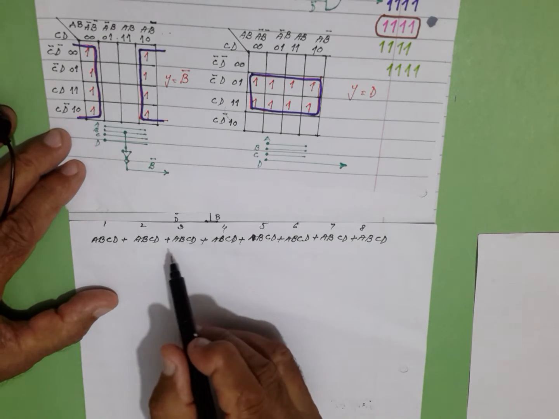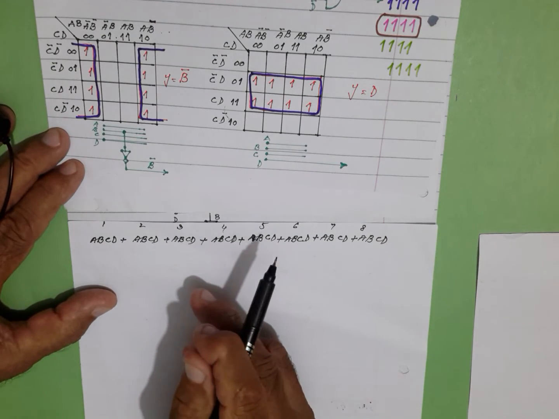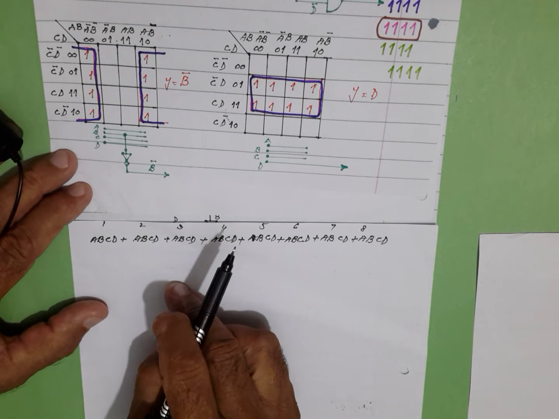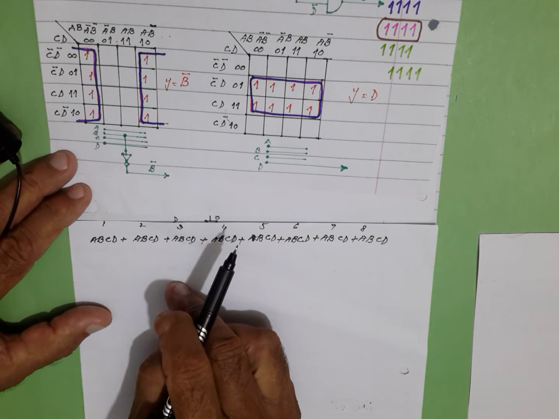Now we are going to use Boolean laws and Boolean algebra to simplify the 8 equations.